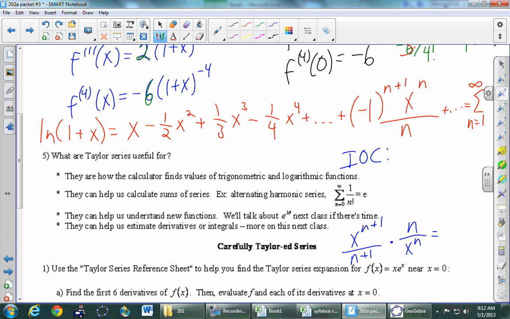We just have a solitary x upstairs, n and n plus 1. The x would come out in front of the limit. What is that limit when n goes to infinity? It's just 1. So that means that this guy right here is really x times 1. Which means the interval of convergence is all the stuff between negative 1 and 1.